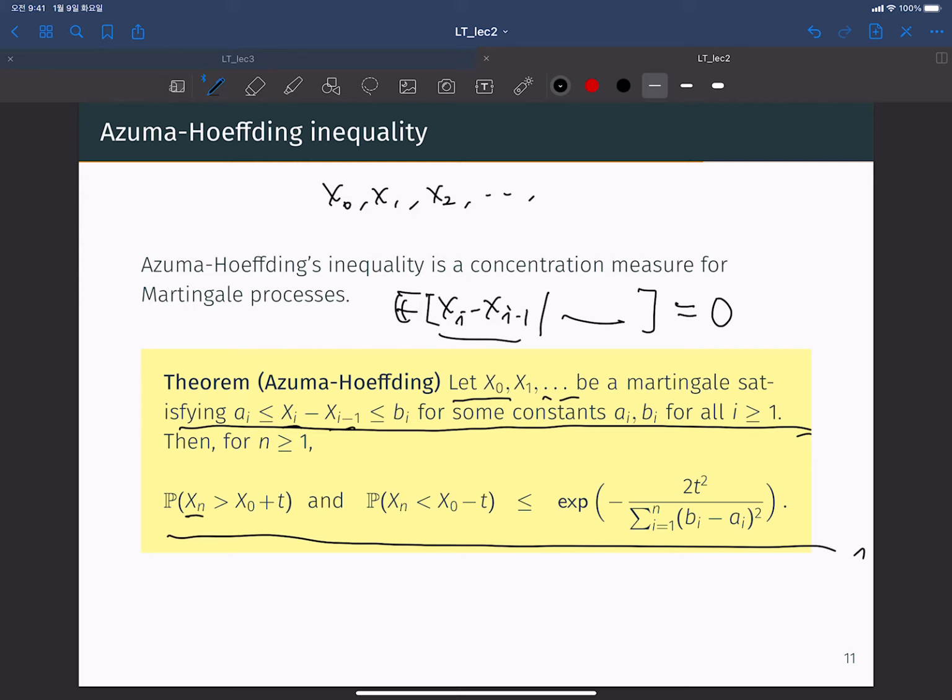The probability xn strictly bigger than x0 plus t, and xn strictly less than x0 minus t, both concentration probabilities are upper bounded by exponential minus 2 times t square over summation i from 1 to n of bi minus ai square.